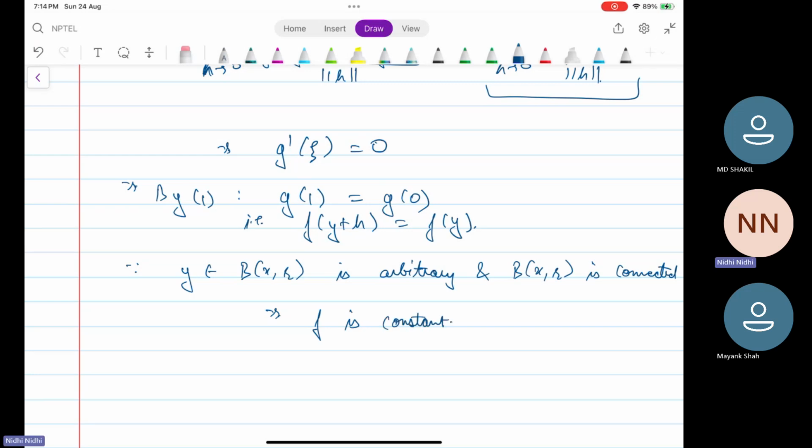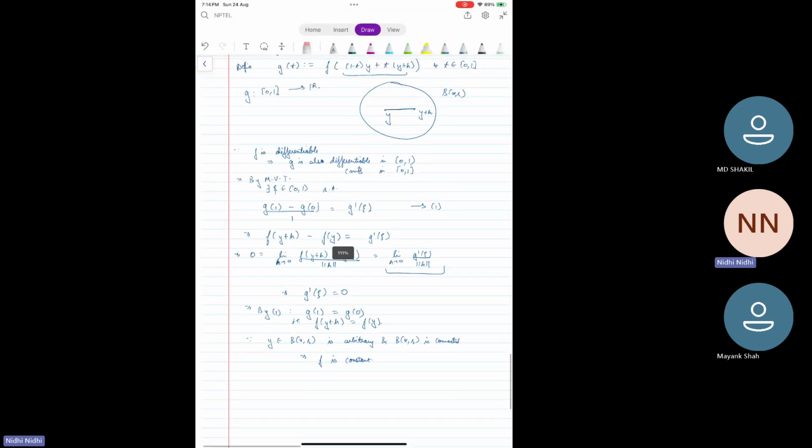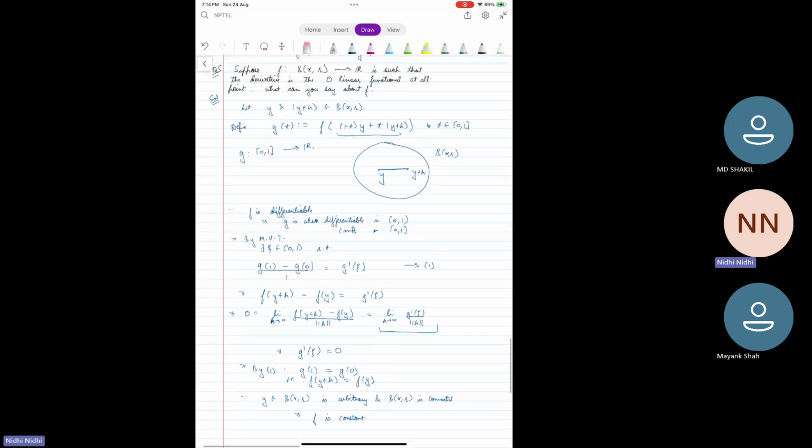So basically we started with an arbitrary y and showed that f should be constant in some neighborhood of y, and since this y is an arbitrary element in BXR, everywhere it should be the same, and hence the function is constant.